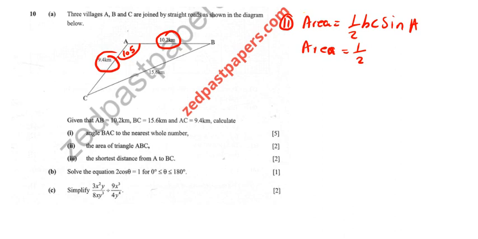So you substitute your values. Our B is 9.4 multiplied by our C, which is 10.2, like that. If you want, you don't have to put the units, you show them at the end.